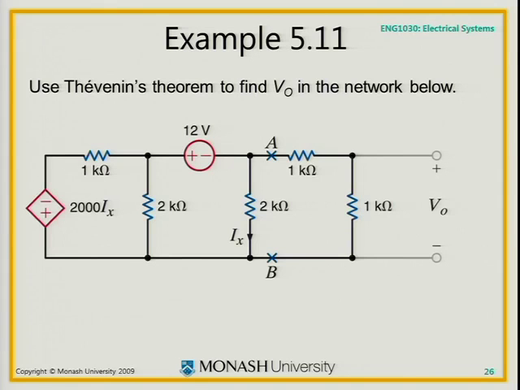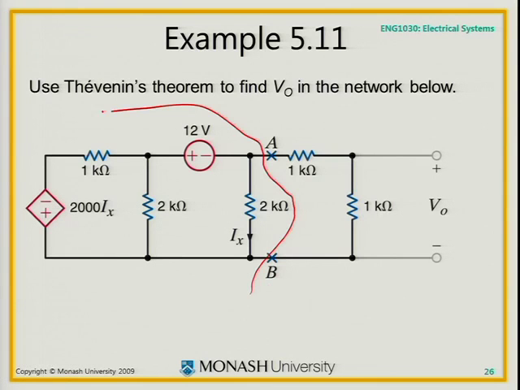Let's have a look at another find-a-Thevenin-equivalent-circuit question. In this case it says use Thevenin's theorem to find V0 in the network below. Again, it's not a great question. What does it mean? Well, let's instead say find the Thevenin equivalent of the circuit to the left of the terminals AB.